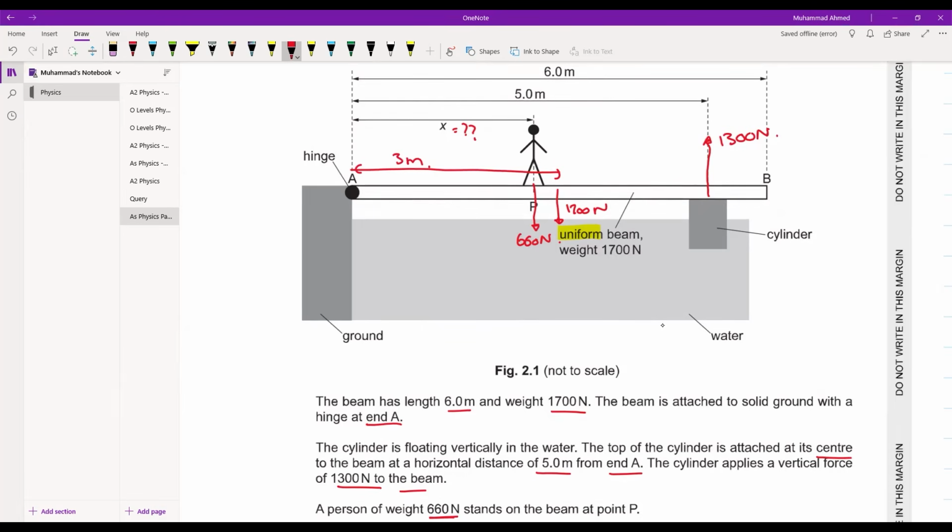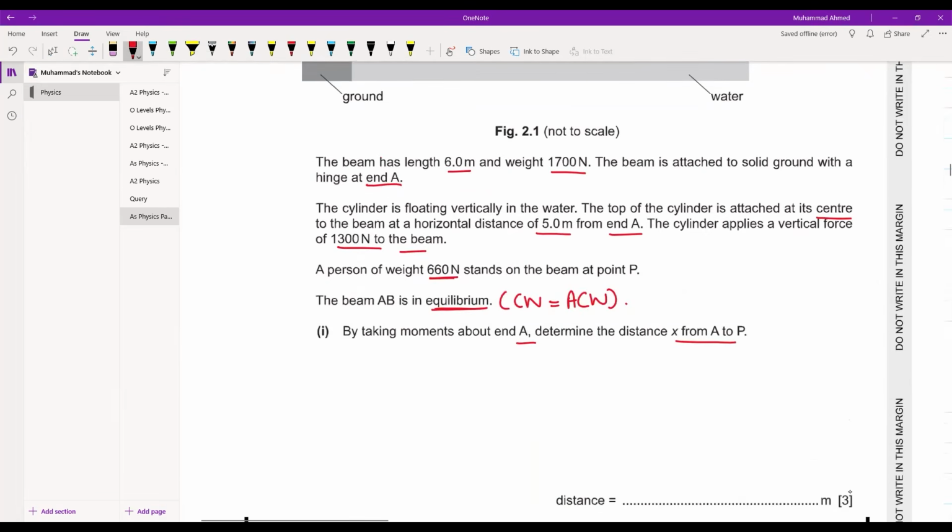Uniform simply means that your weight will be acting in the middle of the beam. The middle of a 6 meter beam becomes 3 meters.